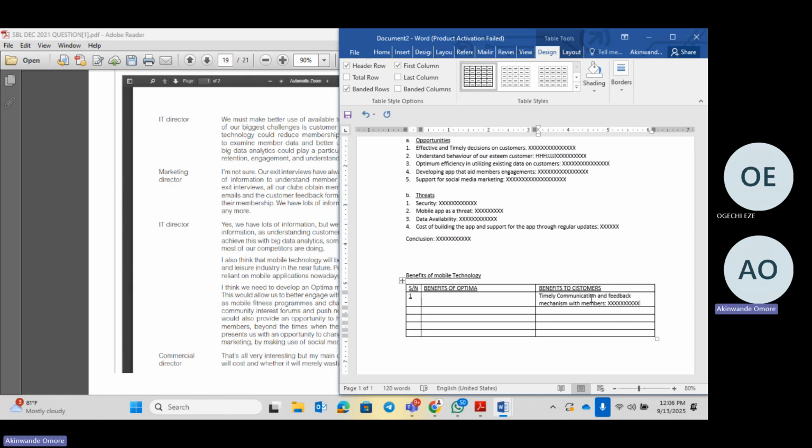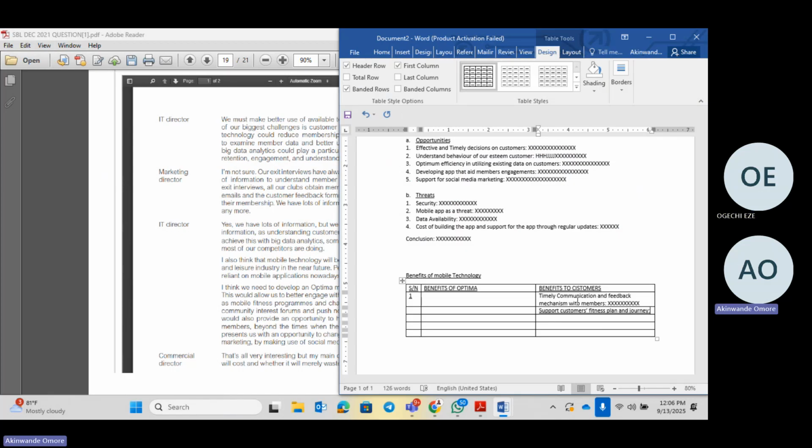So what's the other one? Is it under the customers or under Optima? Under the customer. Members, okay. And that one is support for customers' fitness plan and journey.